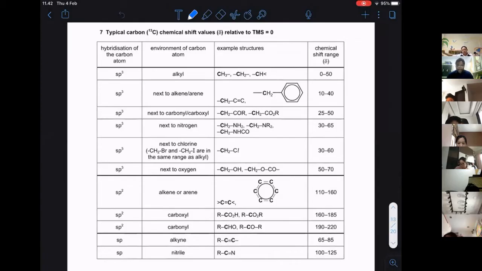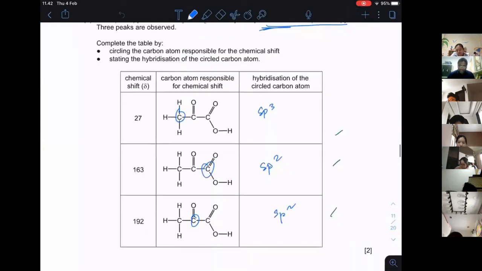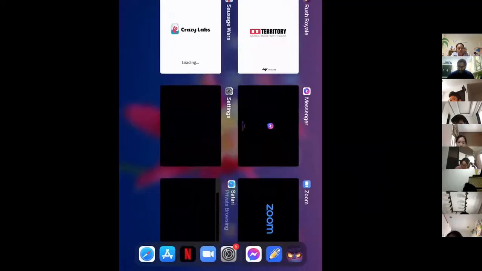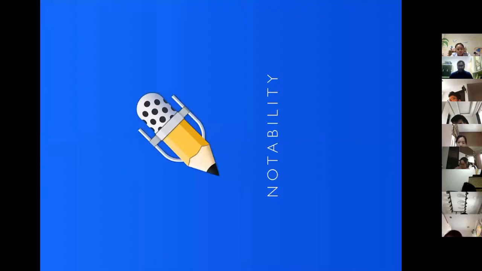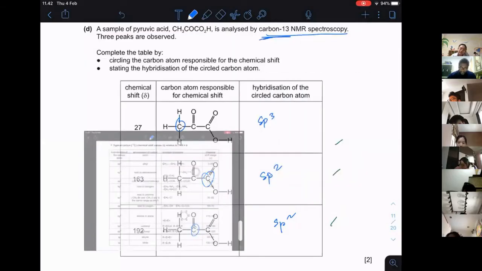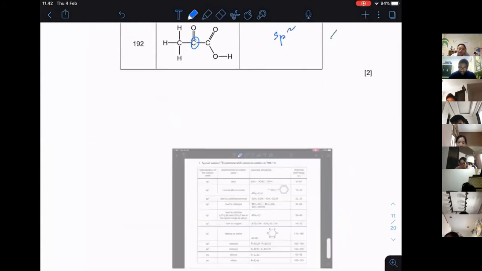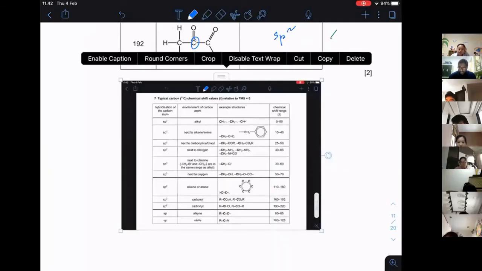Let me take a screenshot. Okay, I'll put it here. This is the one that I took from the data booklet.